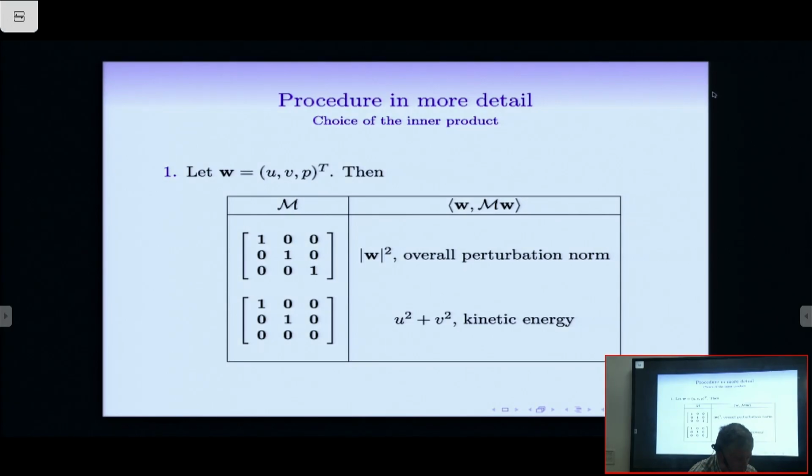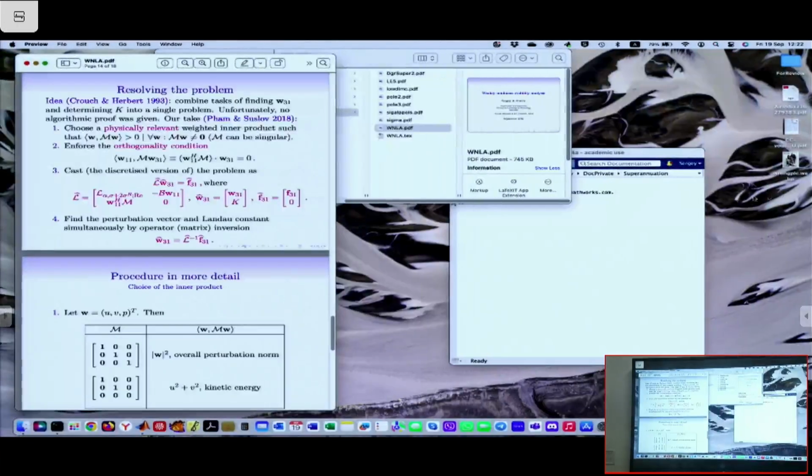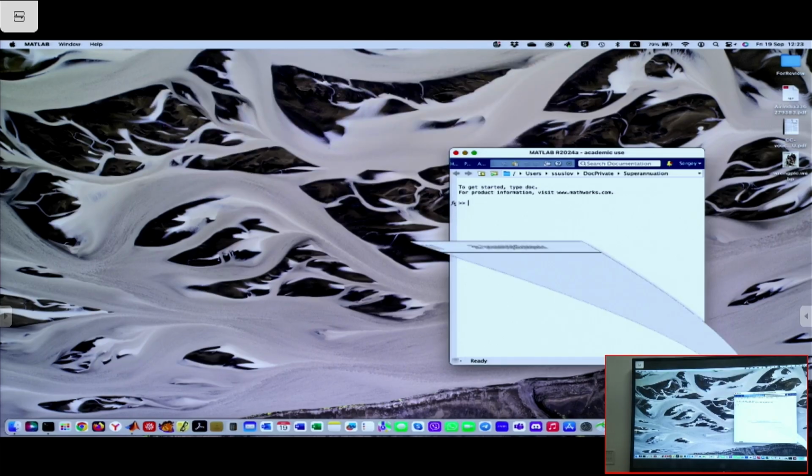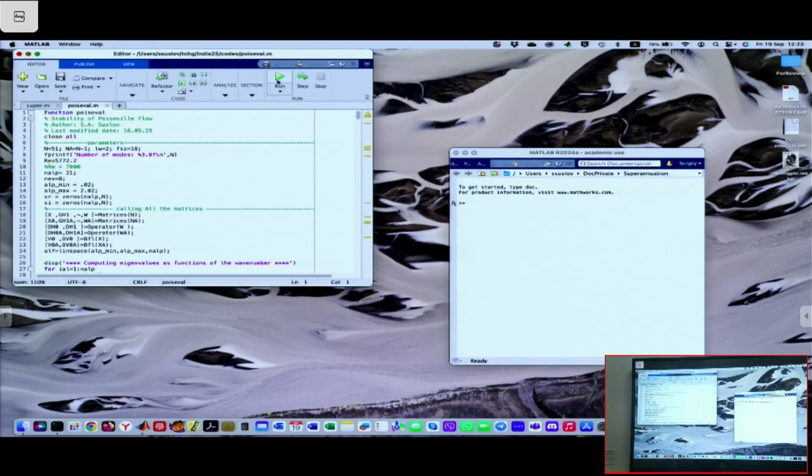is maybe to run the code once again, this linear stability code. So these slides are in the folder already, so let me just run this code.